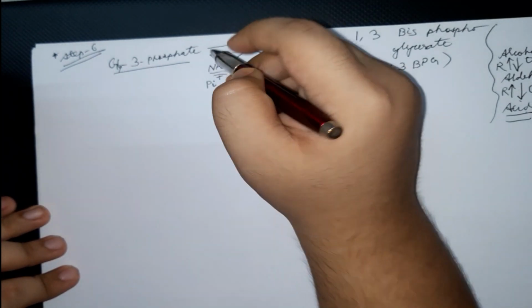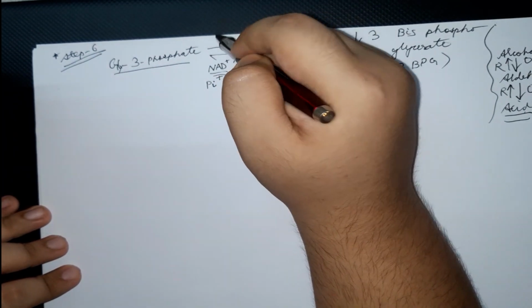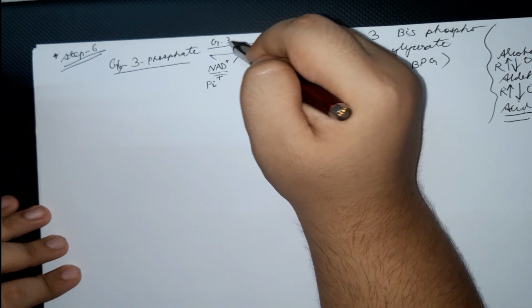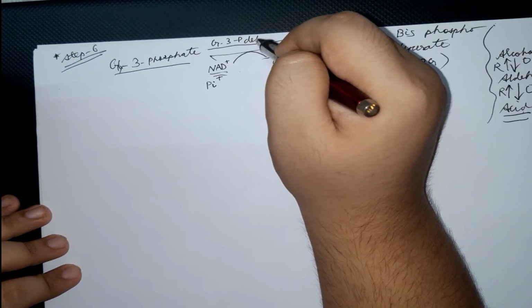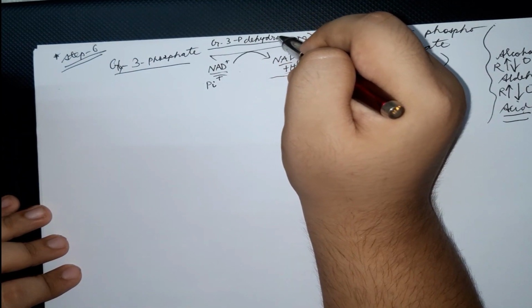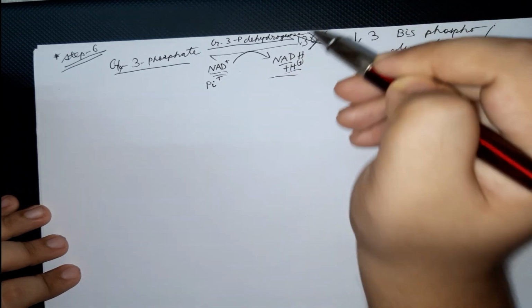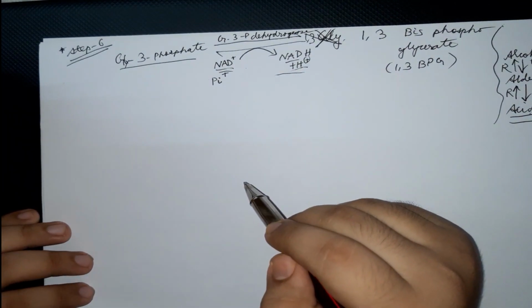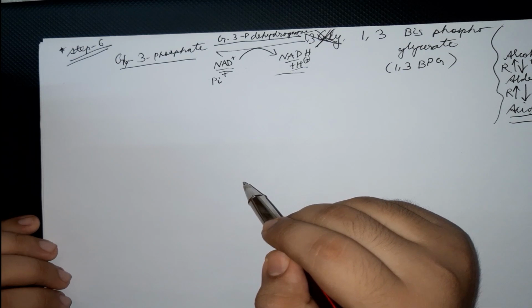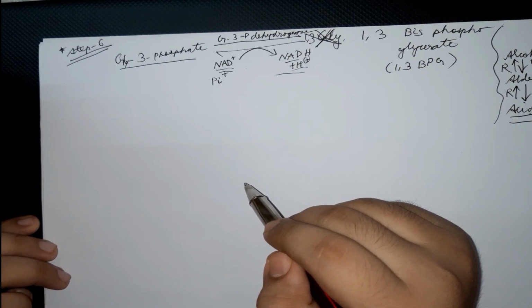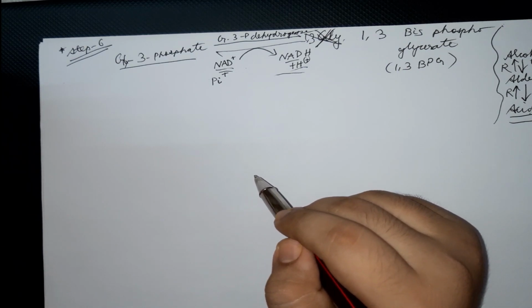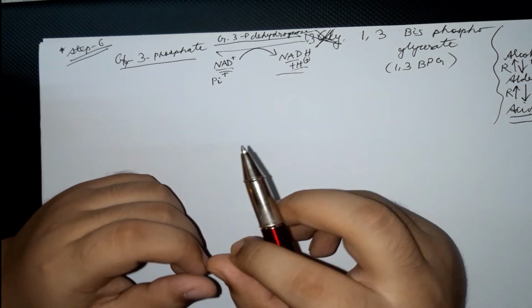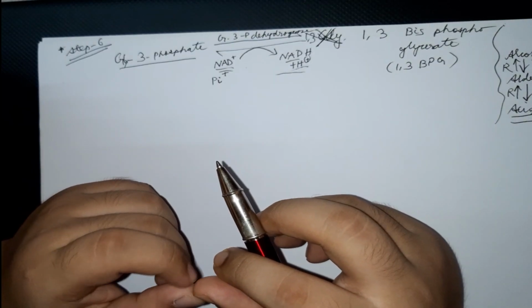So glyceraldehyde 3-phosphate dehydrogenase is the enzyme which will be used. Okay, lovely, very good. So that is done.